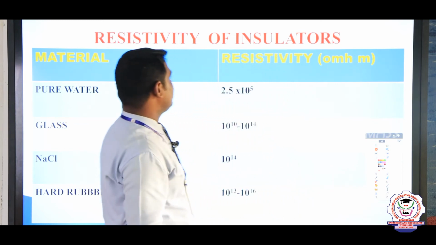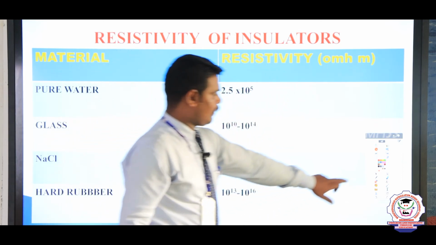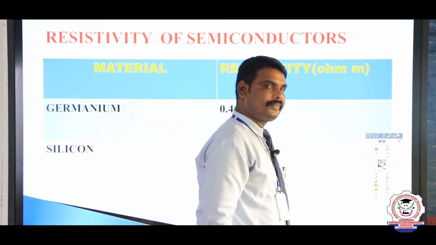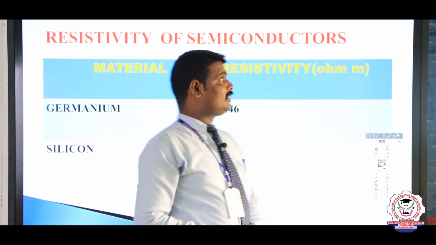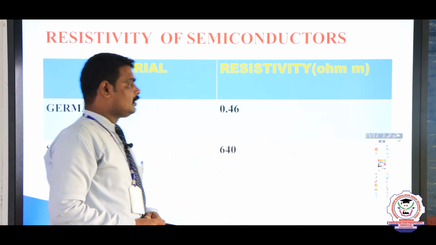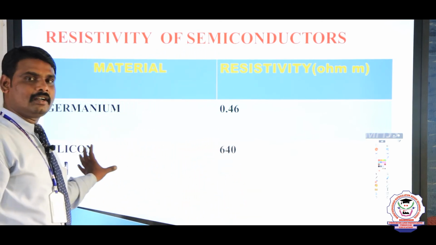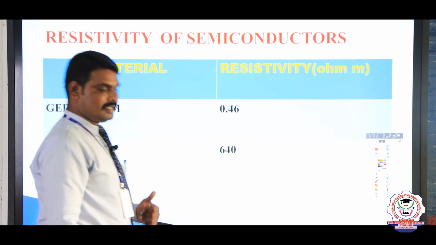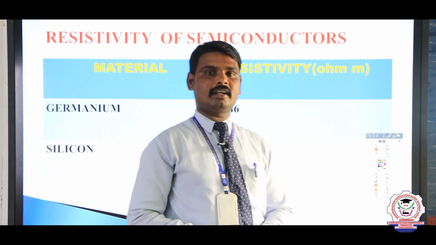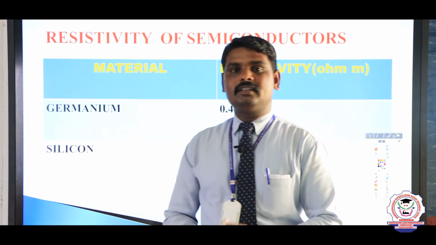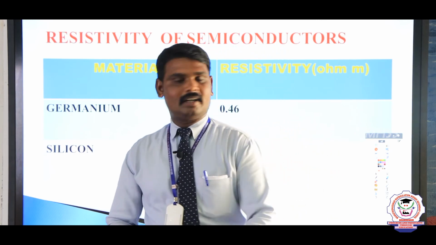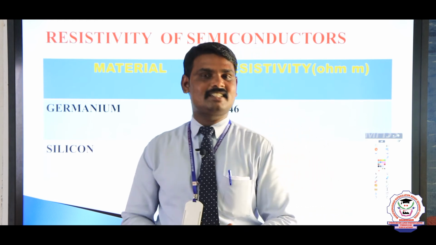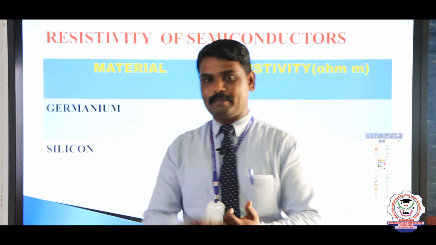Next, semiconductors. You know very well what semiconductors are. Germanium and silicon are the semiconductors we mostly use. By using semiconductors, we can make transistors, resistors, and capacitors.